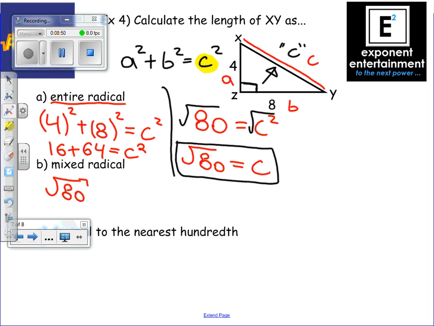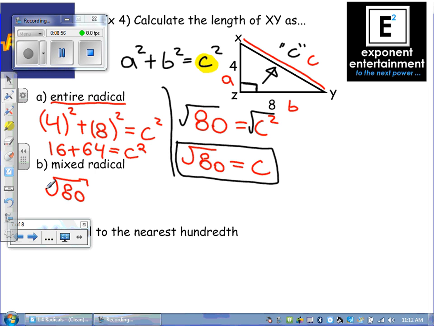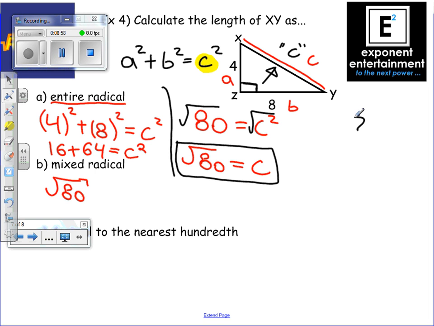Yes, we have to write down our chart. And you have to find one of these numbers again. What number divides into 80? 16. 16 divides into 80.